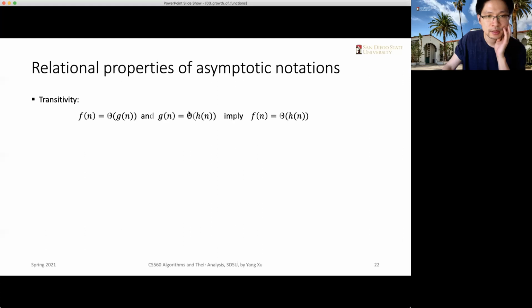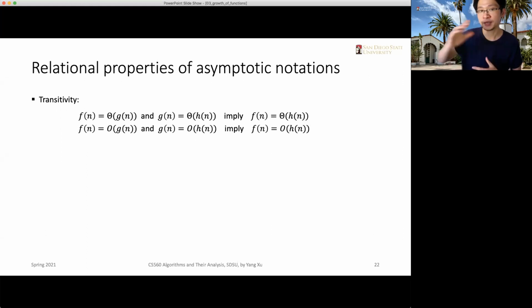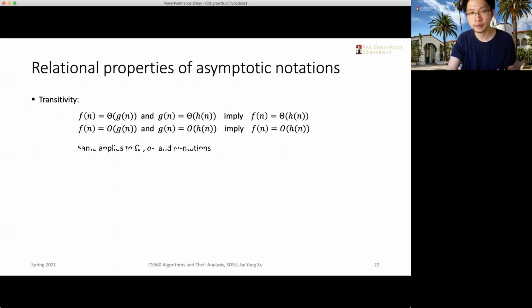In terms of big theta, if we have three functions, and g of n is a tight bound for f of n, and h of n is a tight bound for g of n, then we can infer that h of n is also a tight bound for f of n. And the same principle applies to big O, big omega, small omega, and small o notations.